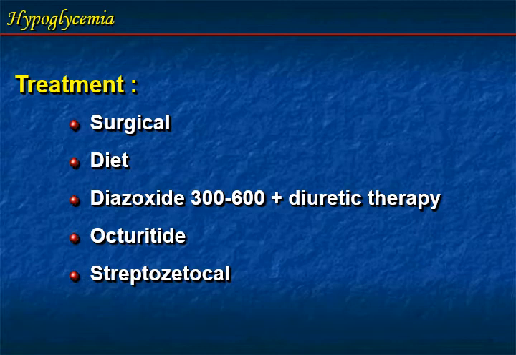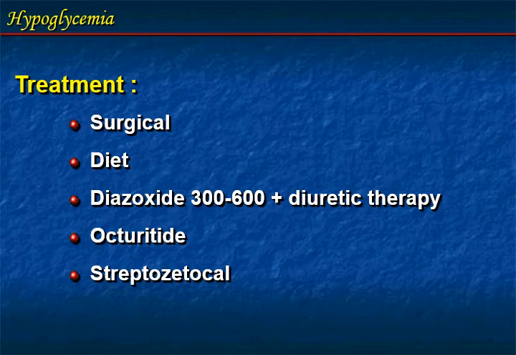So octreotide, which is a very important point and it goes to the exam frequently, octreotide is a somatostatin analog which is synthesized through recombinant DNA technology. Its main function is to suppress growth hormone secretion, suppress insulin and glucagon secretion, and produce vasoconstriction of the splanchnic area.